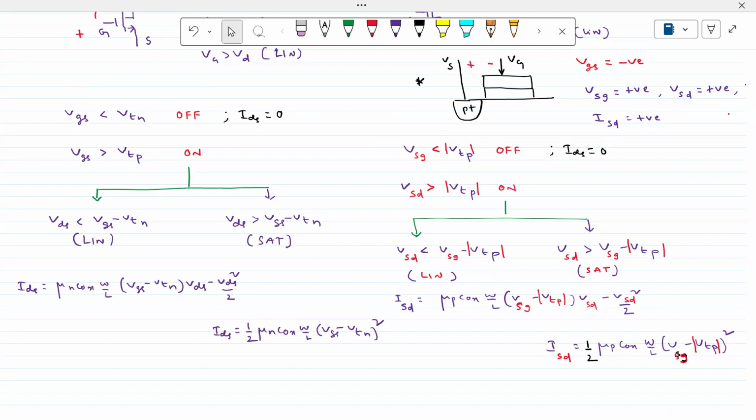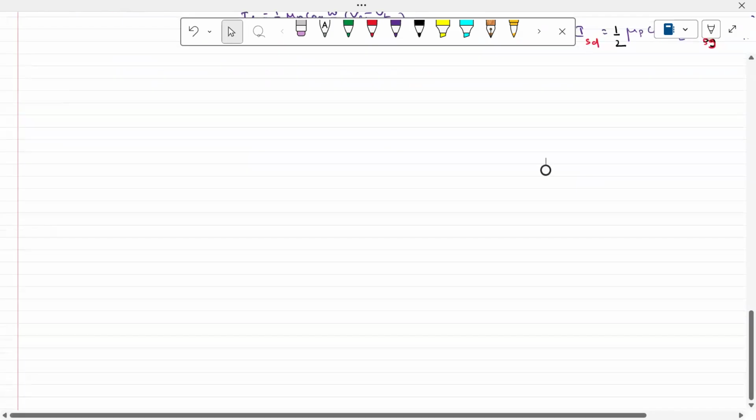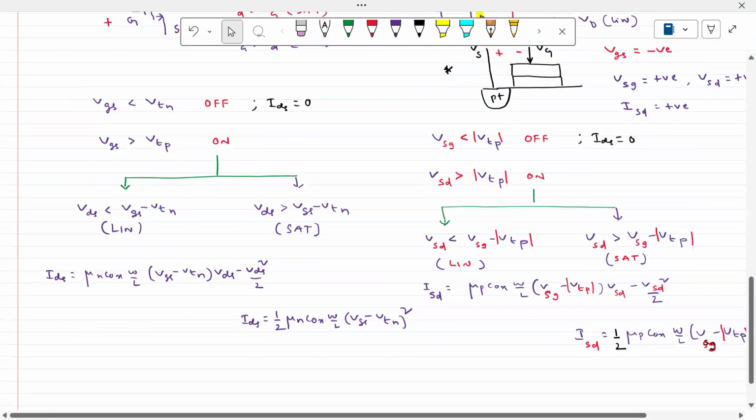Let's go and do some exercise problems. Let us find out the region of operation of various things. Please note down, and let me know if you need any help.